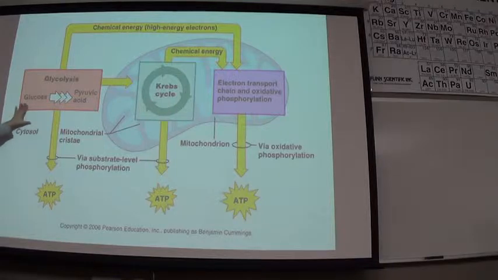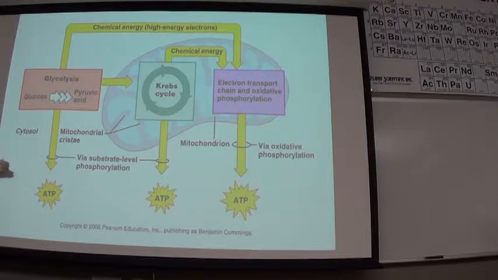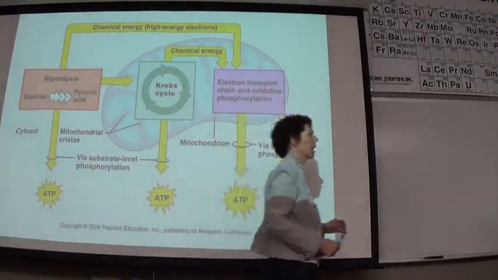So this step is considered to be the anaerobic step. It takes place in the cytoplasm, and it's limited as to the amount of ATP that can be produced. So while you can do anaerobic activity with it, it's not going to be as efficient.